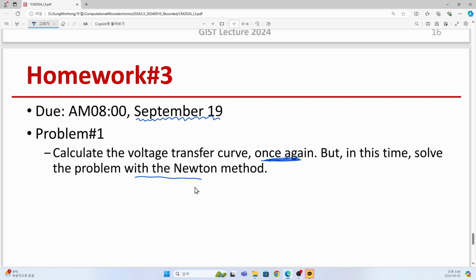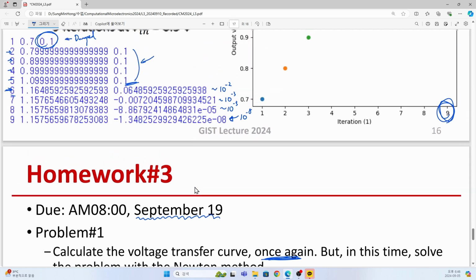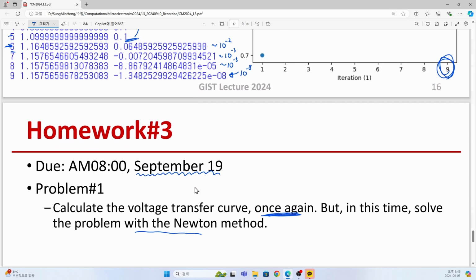Also, it is quite robust with a certain safeguard. Okay, that will be the contents of our lecture 3, and quite similarly I will also upload lecture 4, and let's meet together once again on September 19th.